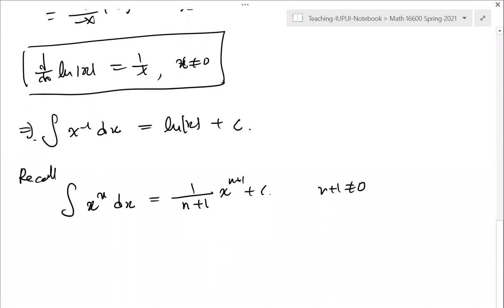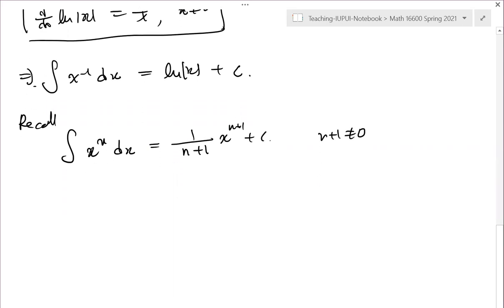If n plus 1 is not equal to 0, it will be 1 over n plus 1 times x to the n plus 1. So this is about the derivative and its integral, and the integral related to the natural log function. Okay. All right, let's do some.